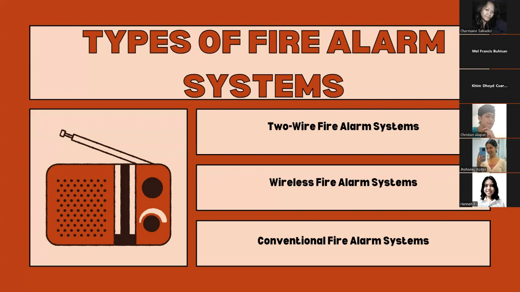This allows for multiple detectors in each zone, and in the case of fires detected, the panel shows what zone the signal was triggered within. However, since it shares a zone, the location has to be checked in person to find the specific location of the fire, which is the reason why it's best for smaller spaces. So next slide, please.